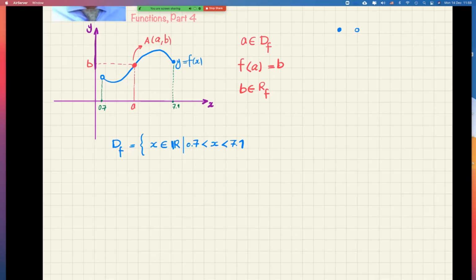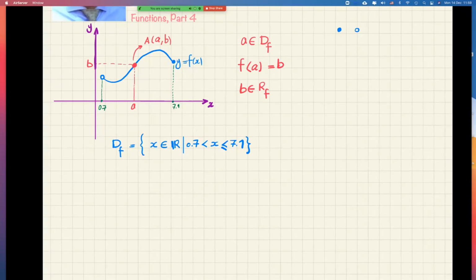But because of this hollow circle, I understand that this point is not included. Because of this filled small circle, I realized that this point is included. So this means that I have to put equality here, but not here. By this equality, I am also including this point. By this strict inequality, I am excluding this point. And then I will end this, and this would be my domain.